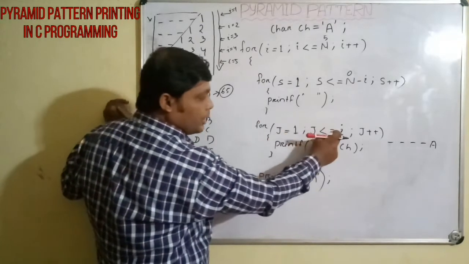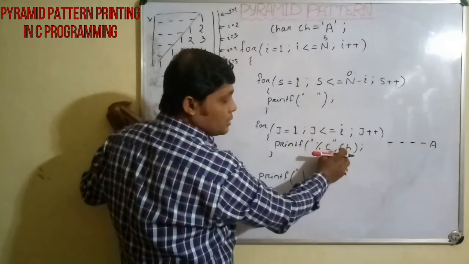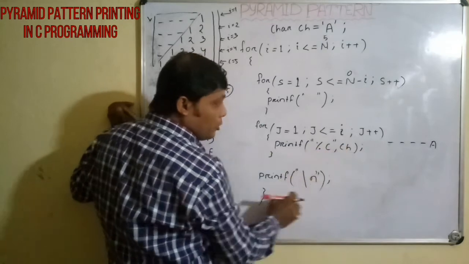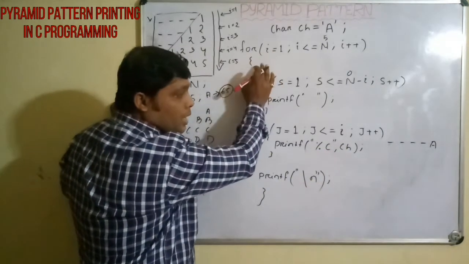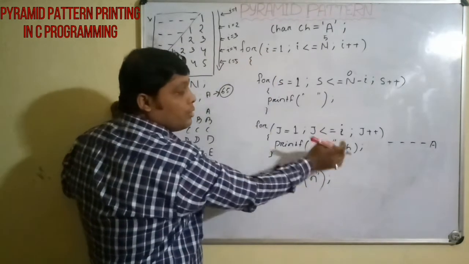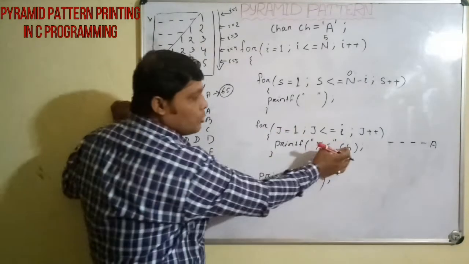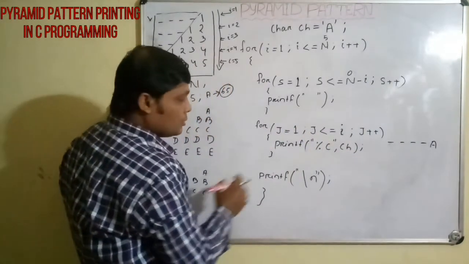When i value is 2, it will work for 1 and 2, it will print ch. So before going to the next line, we have to what? Modify the value of ch. Otherwise it will print A again.